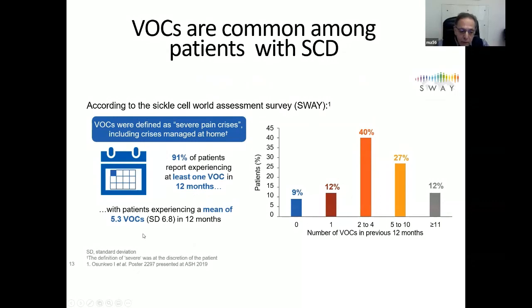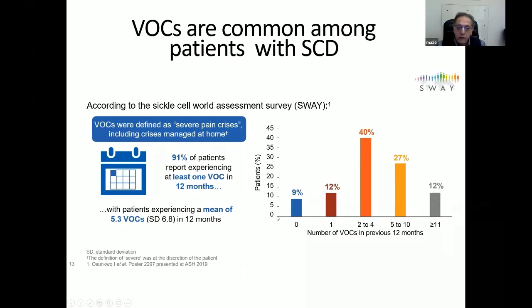In our survey of over 2,000 patients, 91% reported experiencing at least one pain crisis in the previous year, and 12% reported experiencing more than 11 pain crises in the previous year, and the mean number of pain crises was around 5 in the previous year.